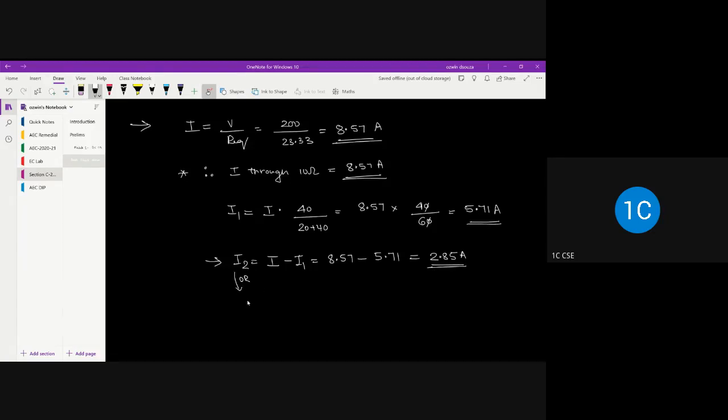Or I2 you can find with the branch current formula: main current into resistance of the other branch, that is 20 ohm, divided by total resistance, 20 plus 40. So it is 8.57 into 20 by 60, or that is 1/3 of 8.57.